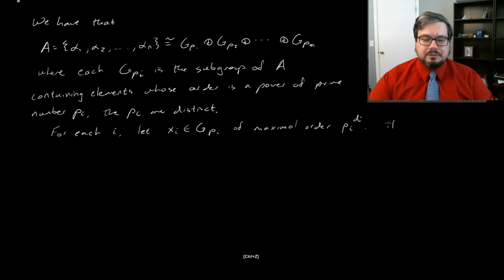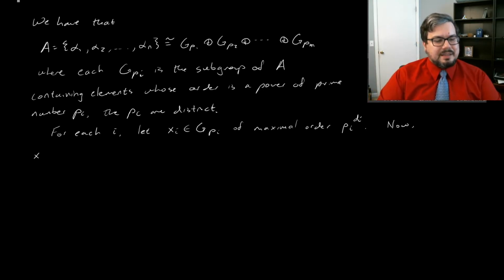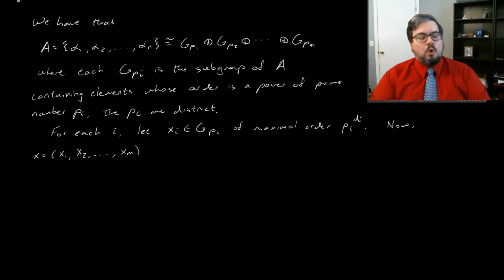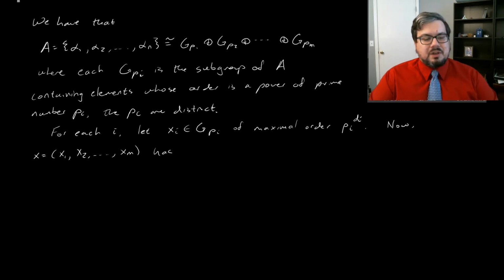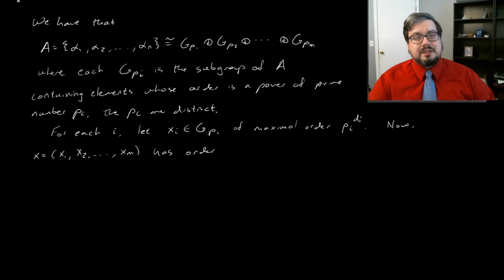So now, let's take the element x, which is the element x1, x2, up through xm. Now you'll remember that the order of an element of the direct product is the least common multiple of the orders of each of the components. But each of these components has order which is a power of a prime number, and they're all different prime numbers. And so this element has order which is just equal to the product of all of those.